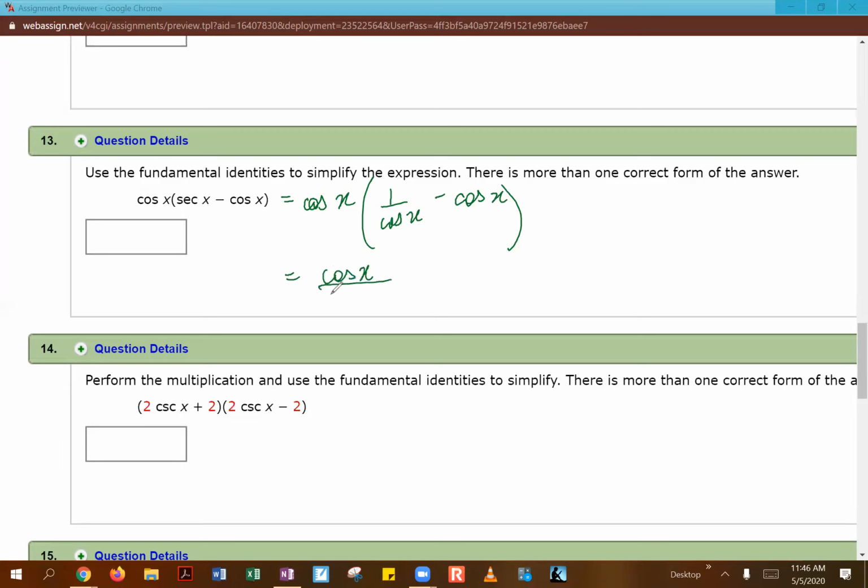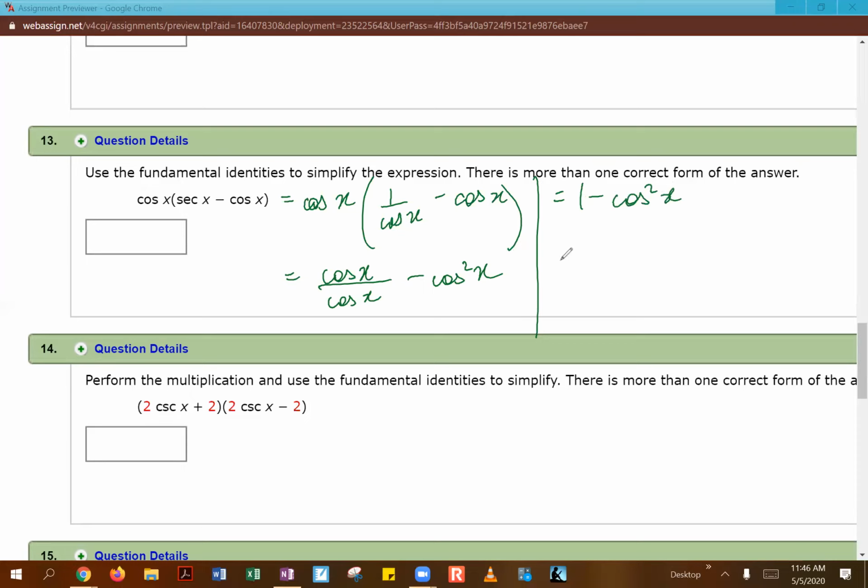Yeah. And that gives you a trig identity. You end up with cosine of x over cosine of x and cosine squared of x here. Okay, and then what will that clean up into? 1 minus cosine squared x. Yeah, very good.